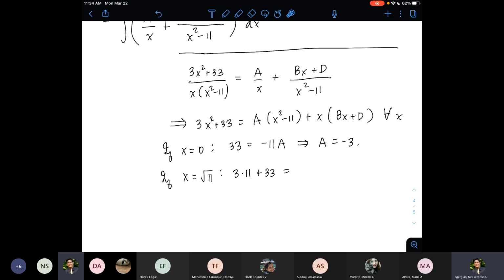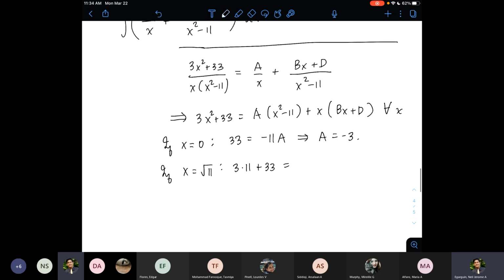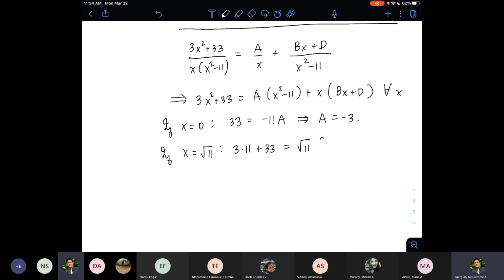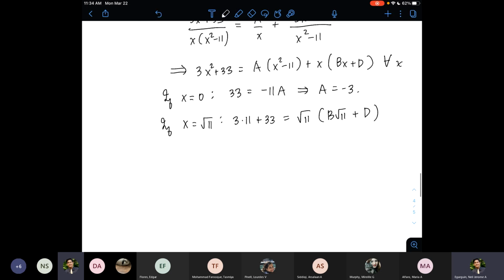Entire first term vanishes. So the next term would be root 11 times b root 11 plus d, okay? So this would be 66 equals 11b plus root of 11 d.